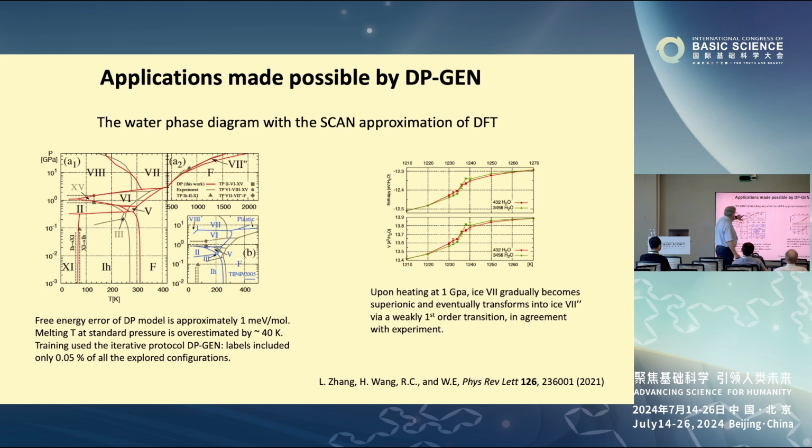Eventually this keeps increasing the number of protons that diffuse in this system until there is a weak first order phase transition.